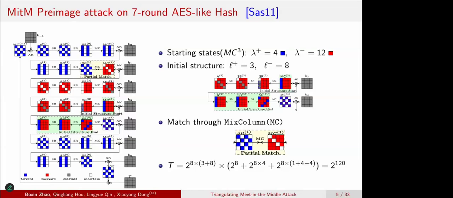Therefore, the degrees of freedom of forward and backward neutral words will be 1 and 4. The matching step occurs through the MixColumn operation, and there are 4 matching bytes. The total time complexity is about 2 to the power of 120.